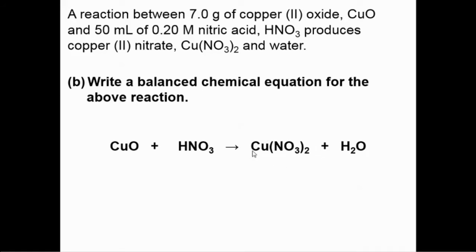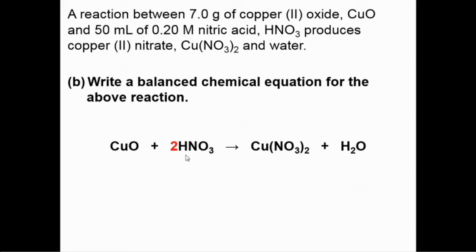There is 1 mole of copper here, 1 mole of copper here. Balanced. Then nitrogen: there are 2 moles of nitrogen in copper 2 nitrate, but in nitric acid there is only 1 mole of nitrogen. So that's why we must multiply the moles of nitric acid by 2, to balance the number of moles of nitrogen.